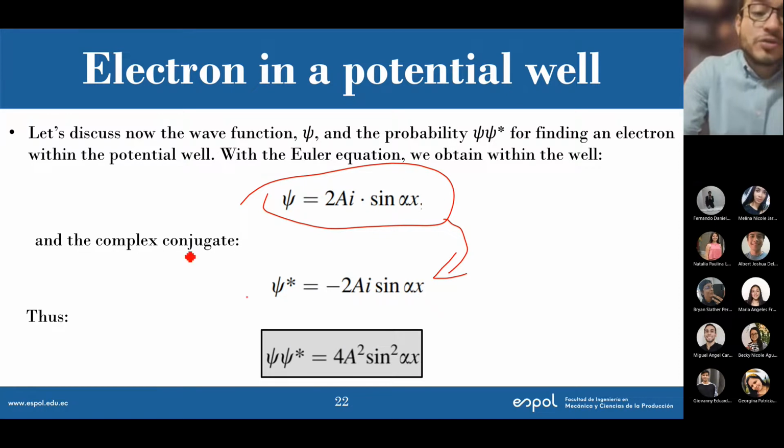That's the complex conjugate of the wave function. Okay, so far I think that's clear. Now, what happens when you multiply, or when you get the product of a function times the complex conjugate of the same function? Remember that basically becomes a probability, right?